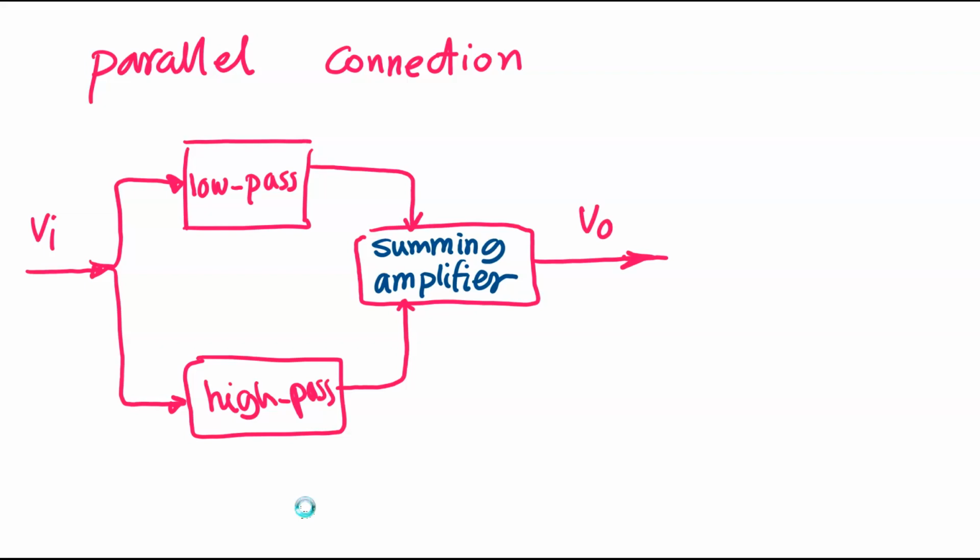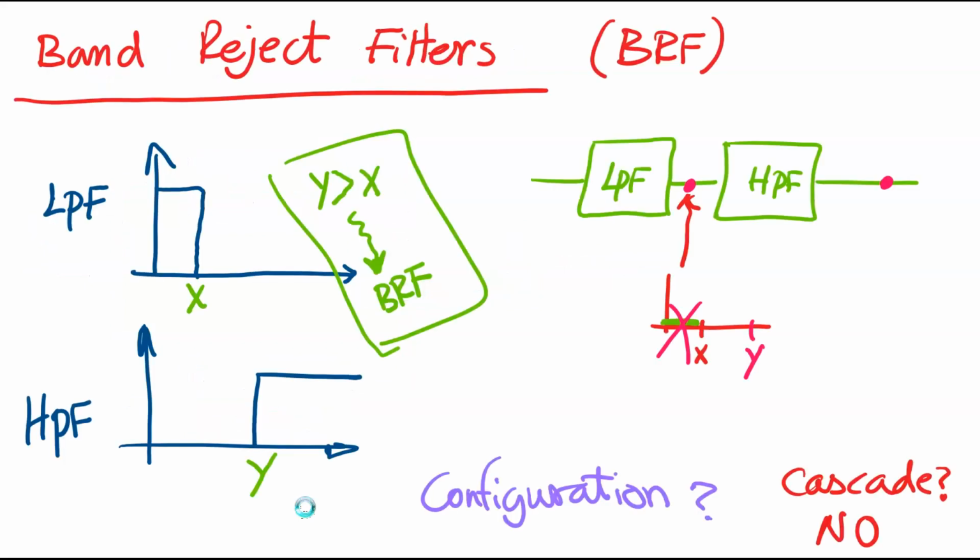So if I connect them in this form, the signal will go through both of them, and the low pass filter will cut this portion of frequency, and the high pass filter will cut this frequency spectrum. So from the low pass filter, I'm going to have this part of the frequency spectrum, and from the high pass filter, I'm going to have this one.